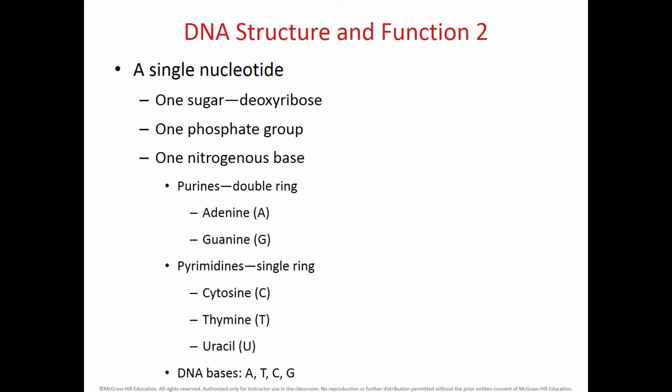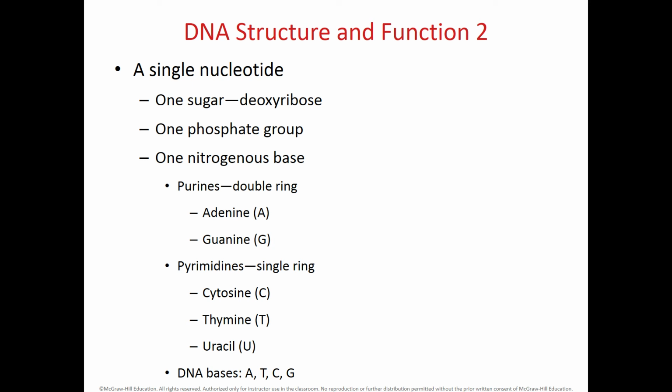The DNA bases then are A, T, G, C, and these pair in a specific manner. So adenine always pairs up with thymine, and cytosine always pairs up with guanine.